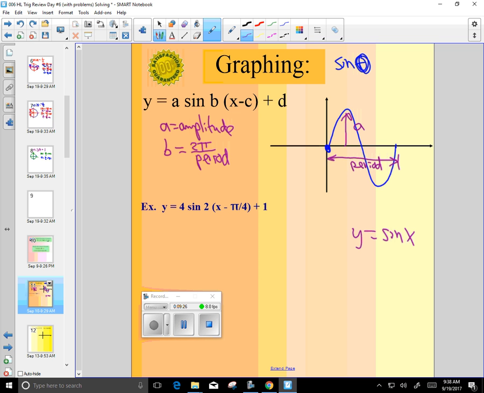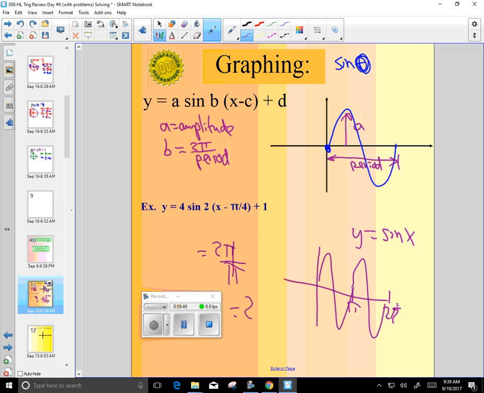How many cycles could you get between 0 and 2 pi? If the period was pi, here's pi. If the period was pi, how many could you get between 0 and 2 pi? 2. Let's see if that works. The period is pi. Do I get B equal to 2? Yeah. So B is the number of cycles between 0 and 2 pi.